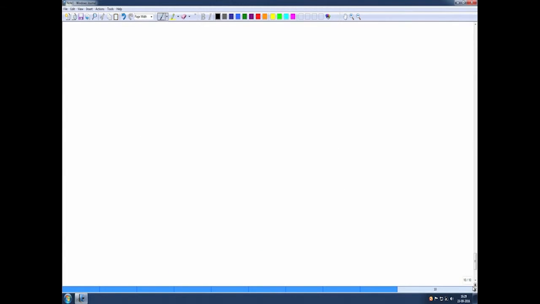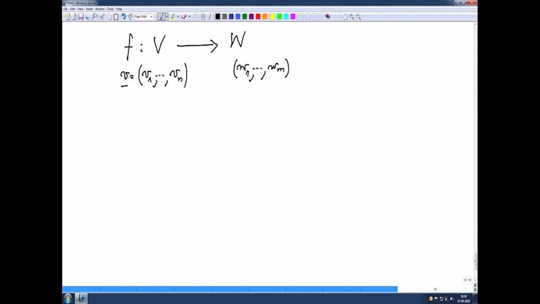Therefore, for a linear map f from V to W, with basis v1 to vn of V and basis w1 to wm of W, these are k bases of V and W respectively.